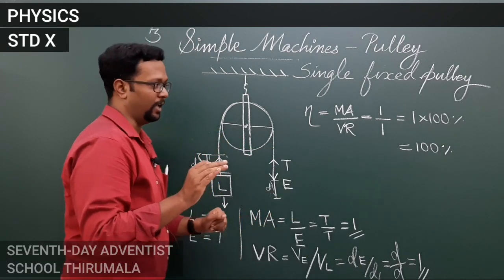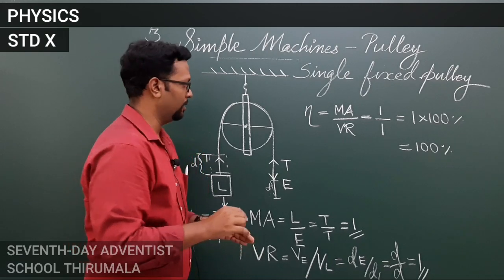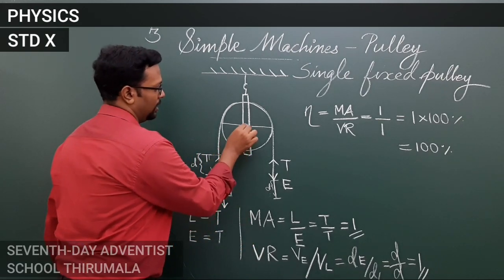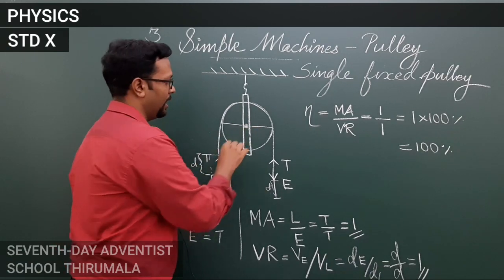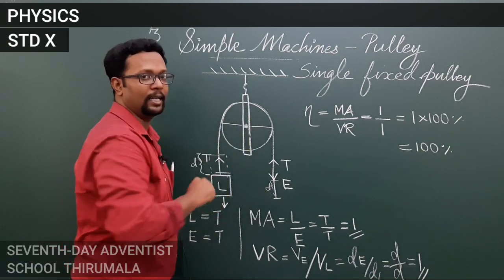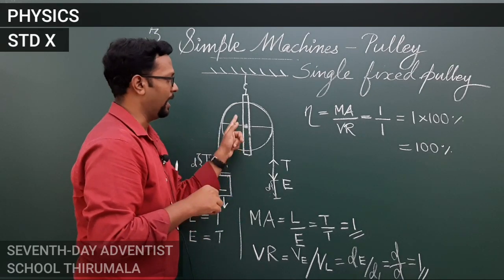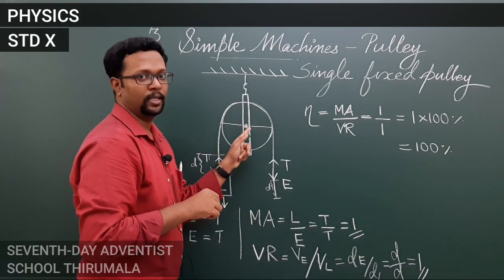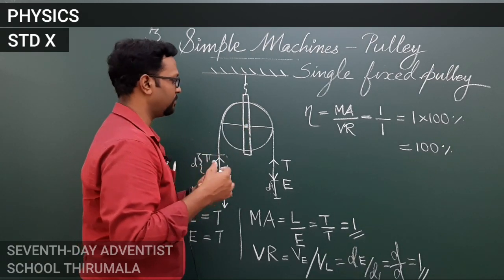The two main things which do not allow a pulley to be 100% efficient are, first, friction. Here the axle and the axis of rotation are there, and the circular disc has to rotate on that axis. There is a friction between that axis of rotation and the circular disc of the pulley. That friction stops it from freely rotating.